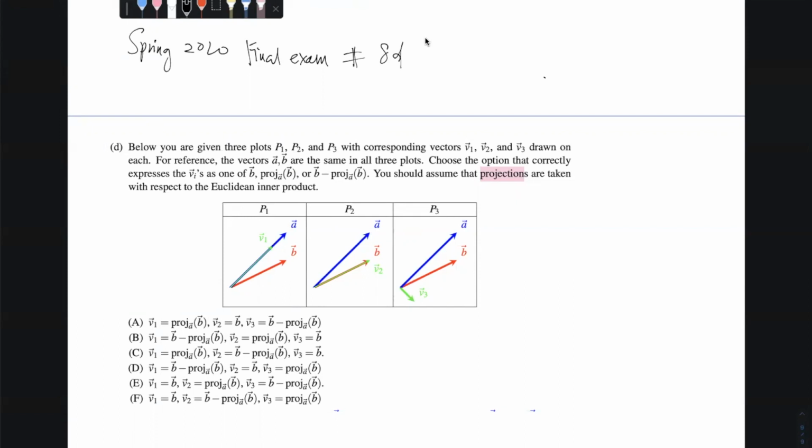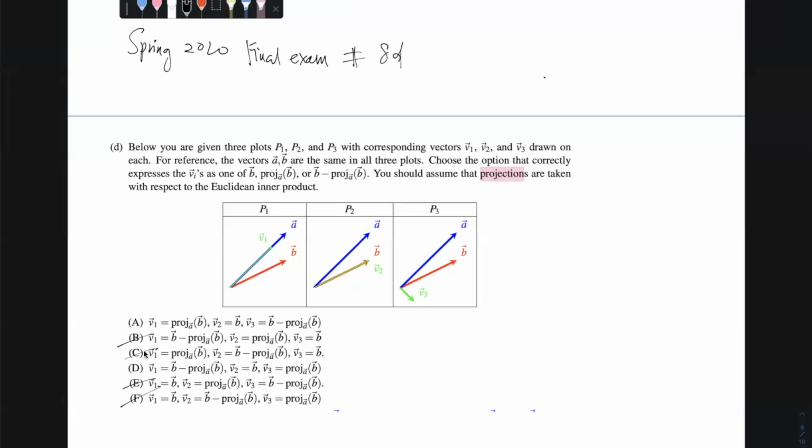We want to choose the option that correctly expresses V1 as either the vector B, or the projection of B onto the vector A, or B minus the projection of vector B onto vector A. Visually, we see that for plot P2, the vector V2 is simply the vector B. So if we take a look at our options, B is not an option because it expresses V2 as a projection of B onto A. C is also not an option, E is also not an option, and F is also not an option. So now we're narrowing it down between A and D.